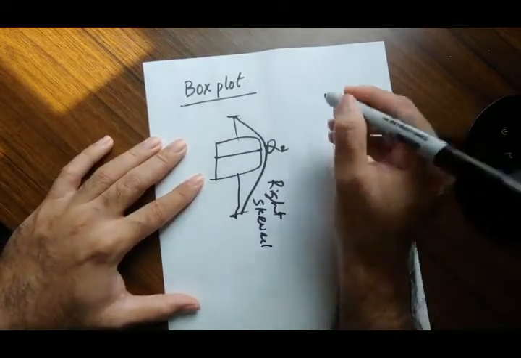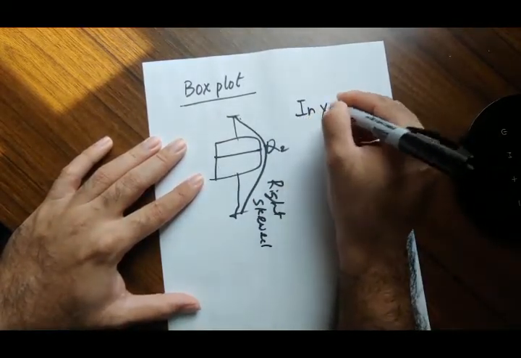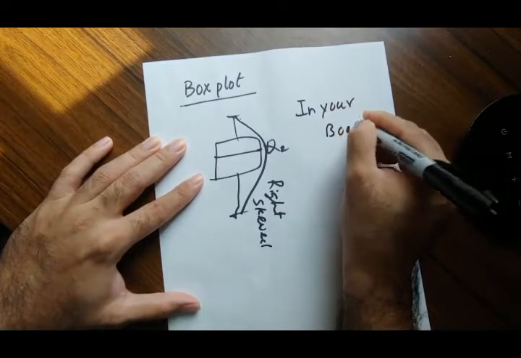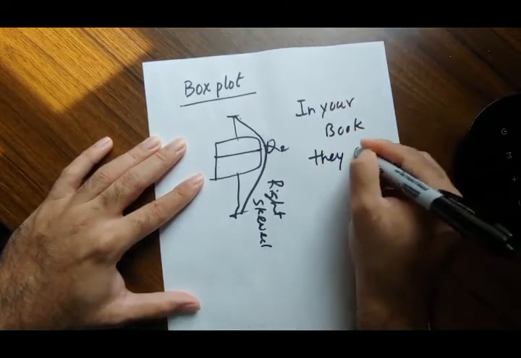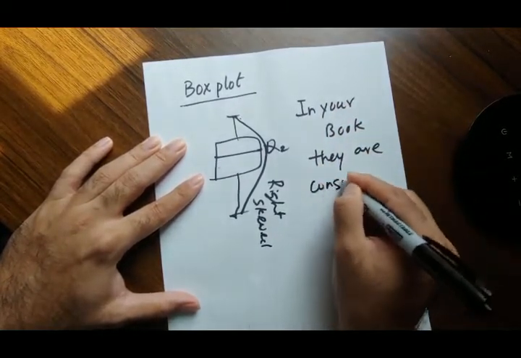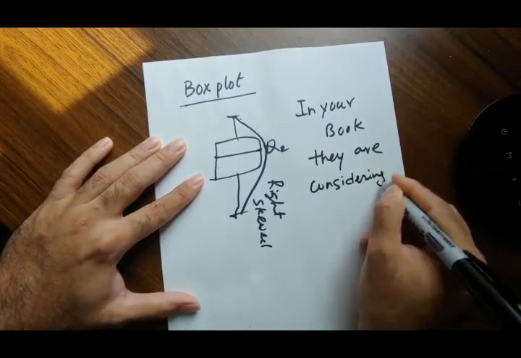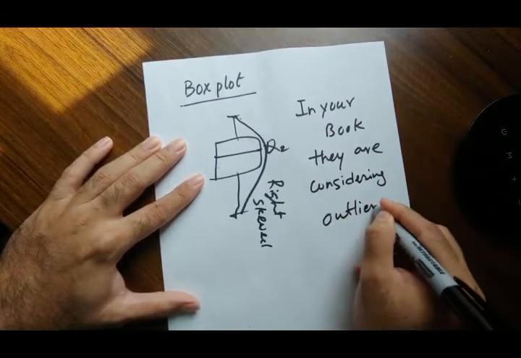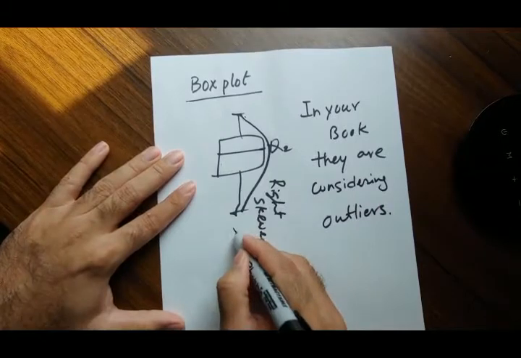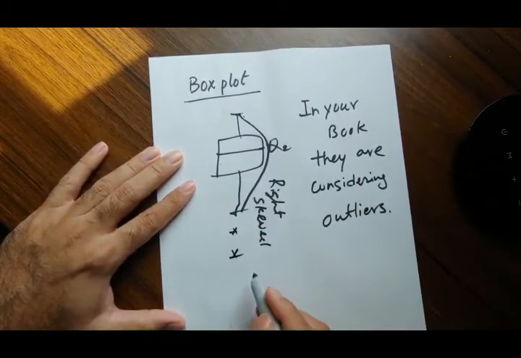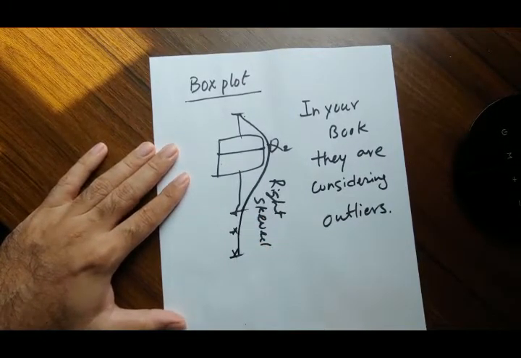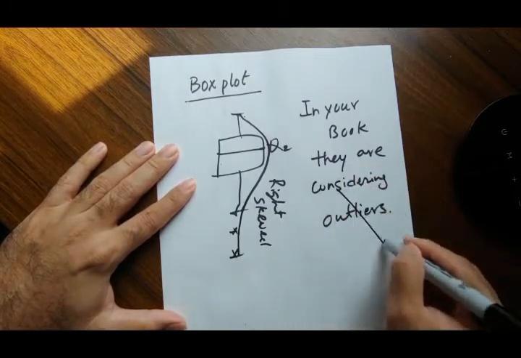Now there is one difference here. In your book, they are considering outliers, meaning that if I have two of these outliers here, they're going to drag this in this direction. But that's not right.